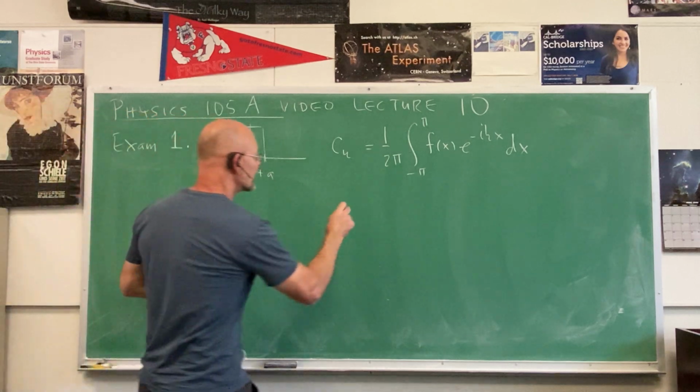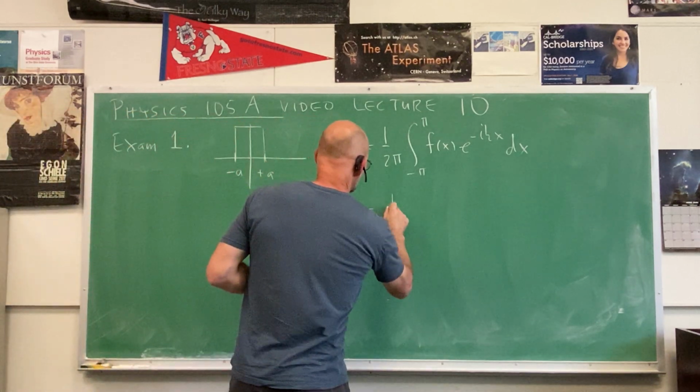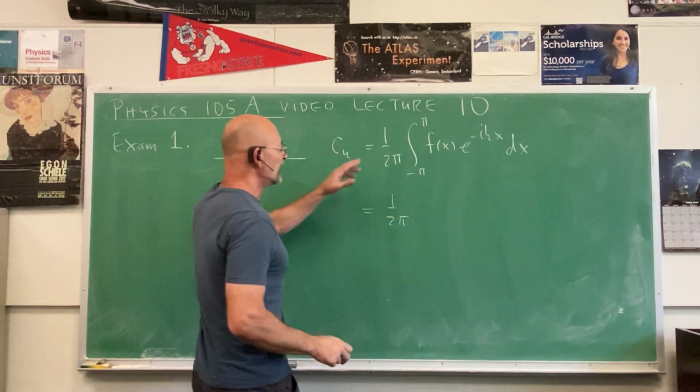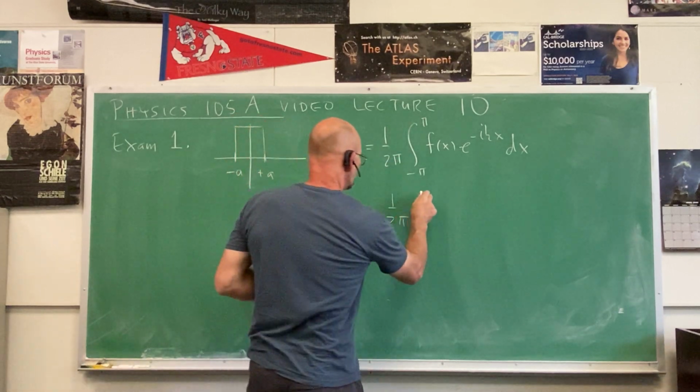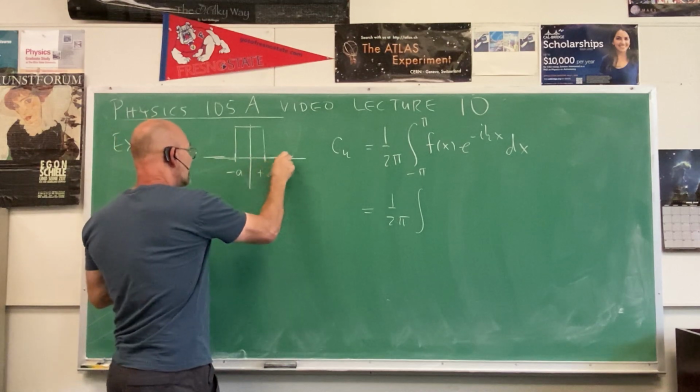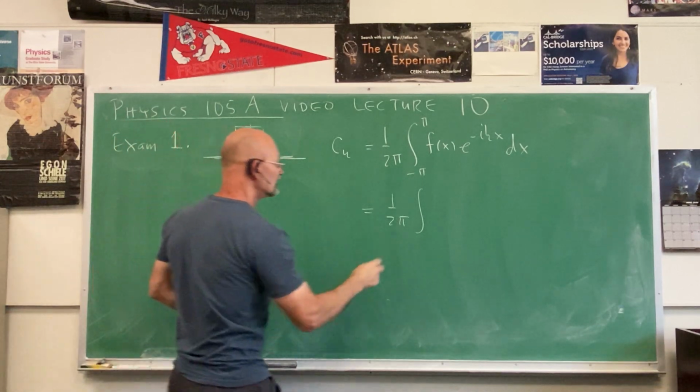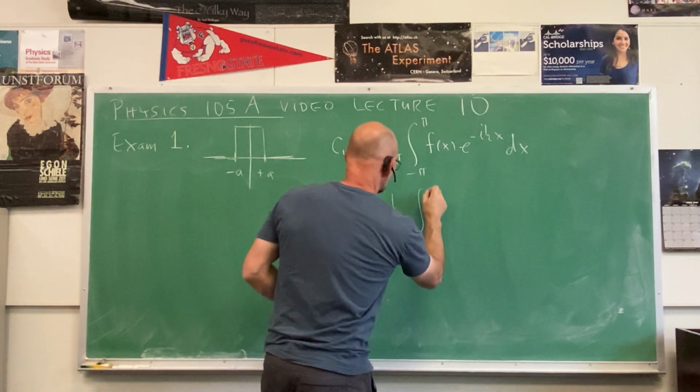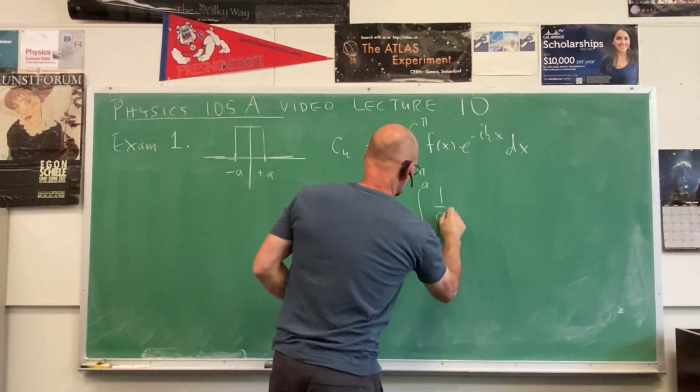And what happened to a number of people was they integrated over the entire interval, but this function was defined to vanish outside plus or minus a. So we really had to integrate from minus a to a, with 1 over a.